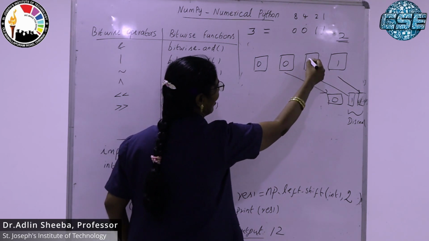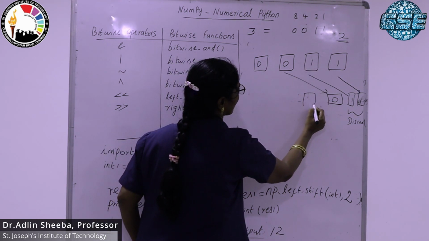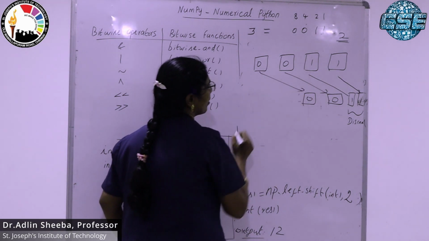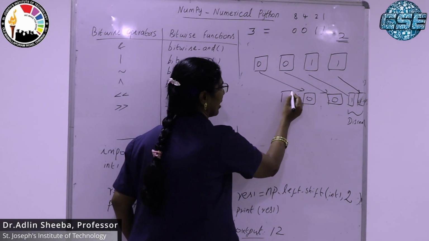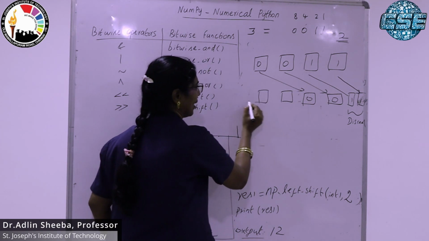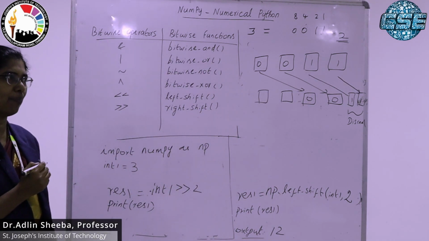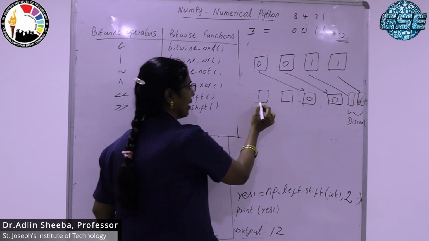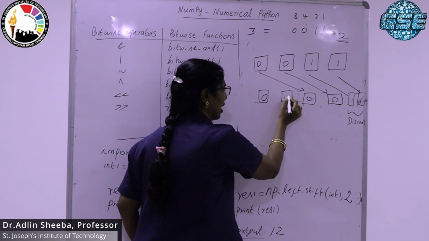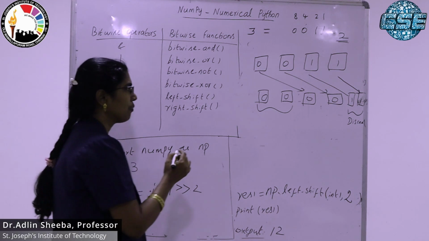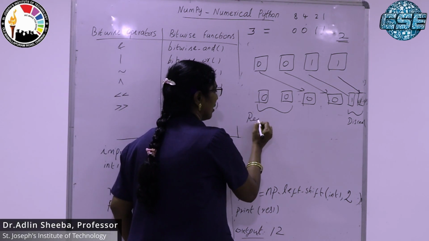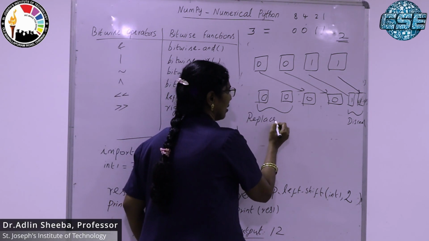Now we have 2 more places, both empty, so we are introducing 0 in them. These we call replacement bits.